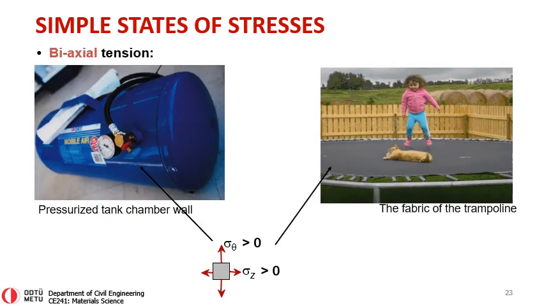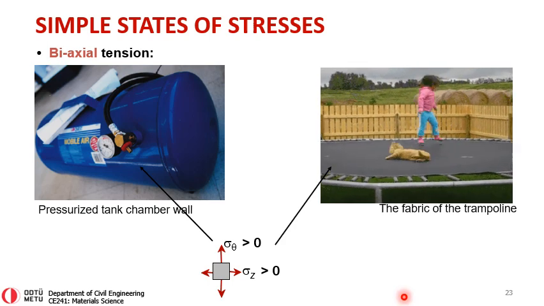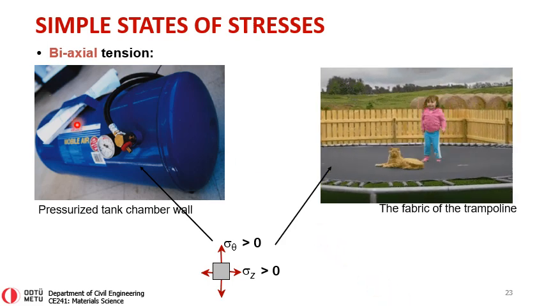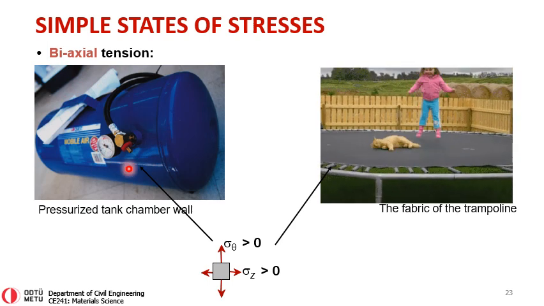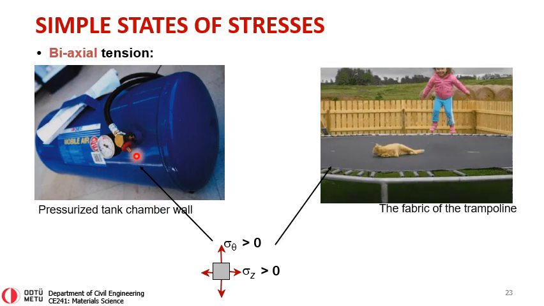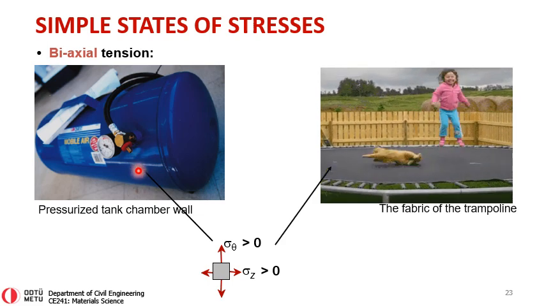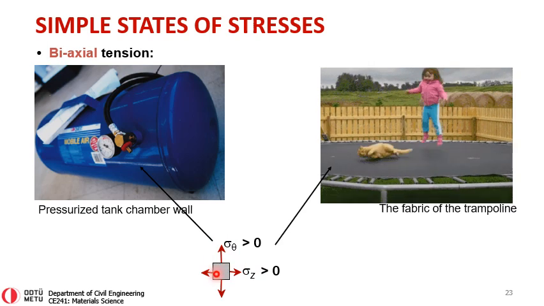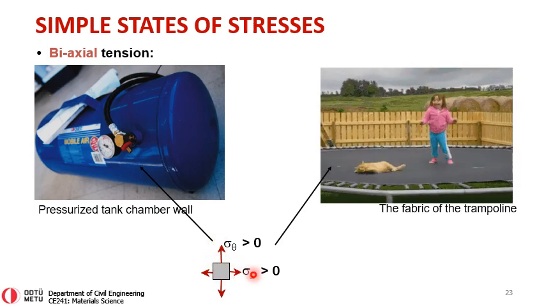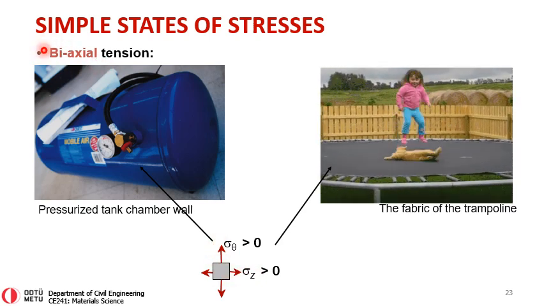Now, another simple state of stress is biaxial tension. Whenever you pressurize this tank with some pressure on the chamber wall, there will be some stresses generated, which are these tensile forces on two axes. That's why it's called biaxial.